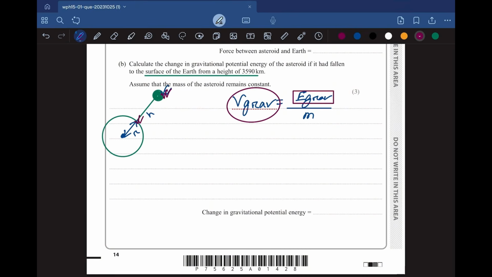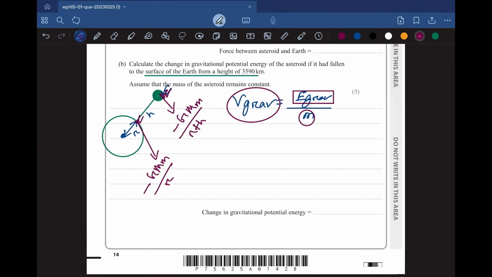So we know the potential of the asteroid right here is minus GM by r plus h, and the potential right here at the surface will be minus GM by r, right? Now if we multiply mass with both of them, it will become like this and like this.